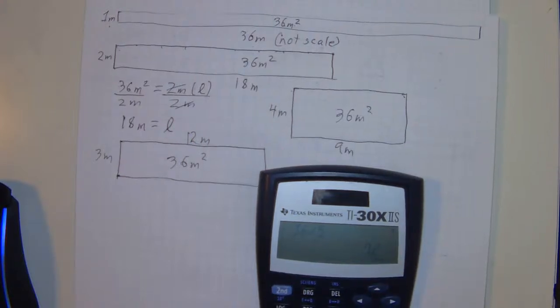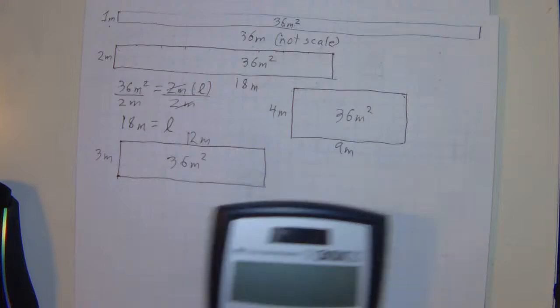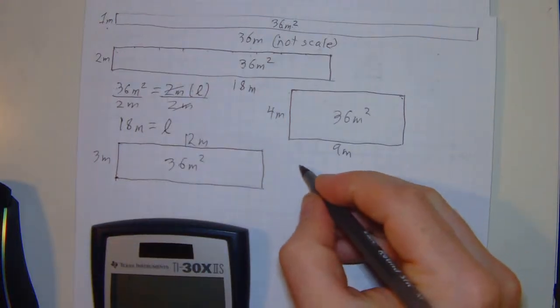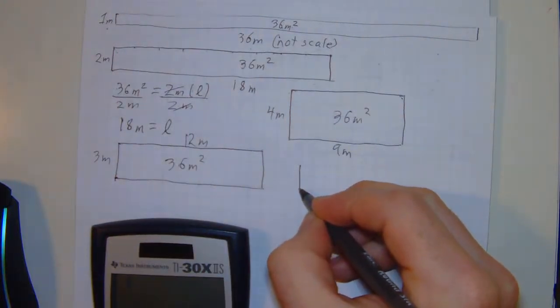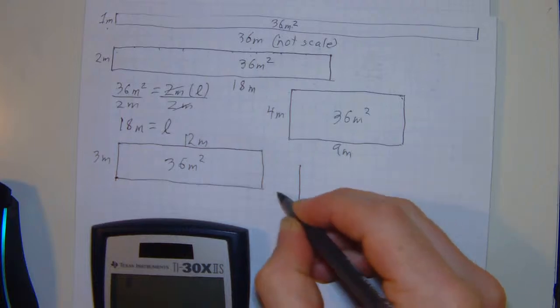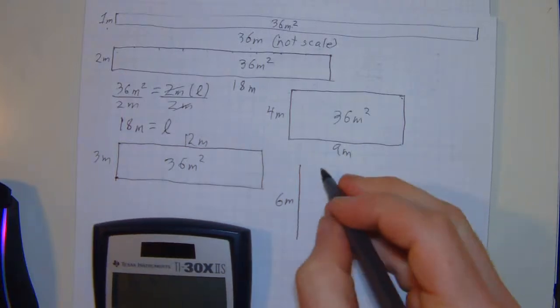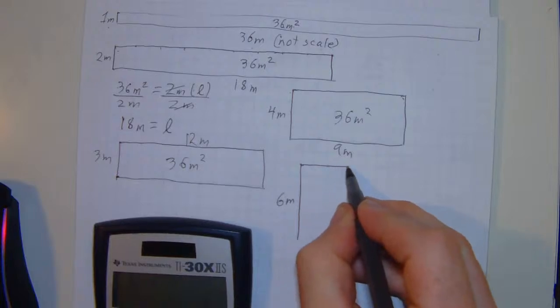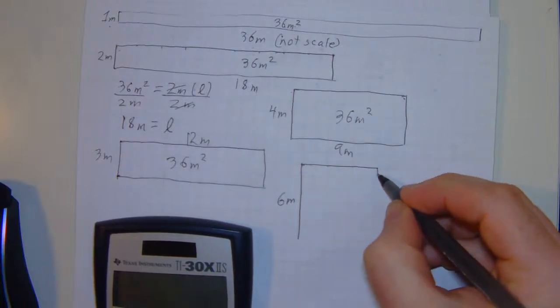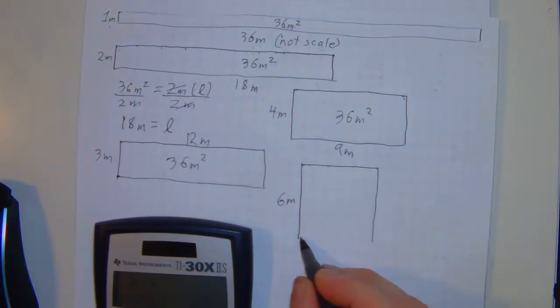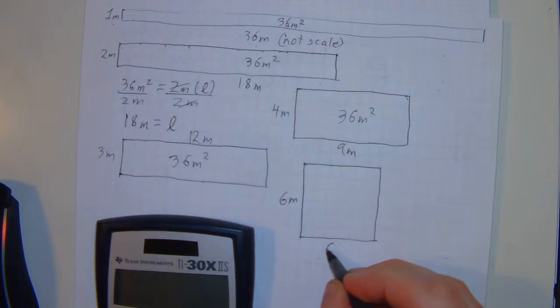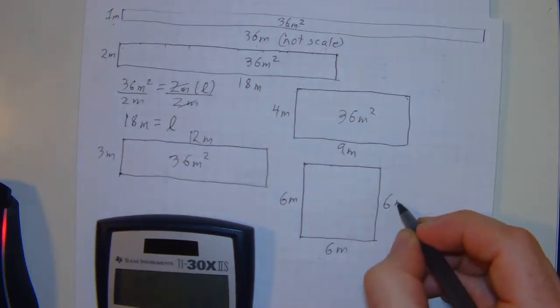But if we're just looking at whole number ones right now, we're not going to be able to do that. But for 6, we can. 1, 2, 3, 4, 5, 6. 6 meters. And 36 divided by 6 is, of course, just 6.